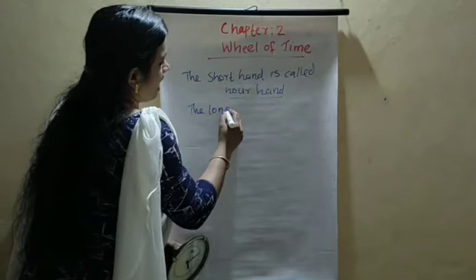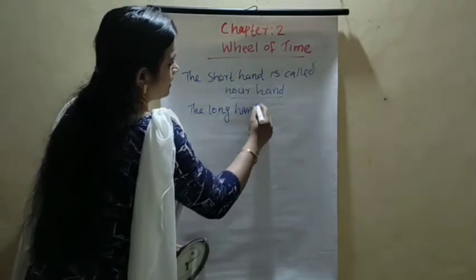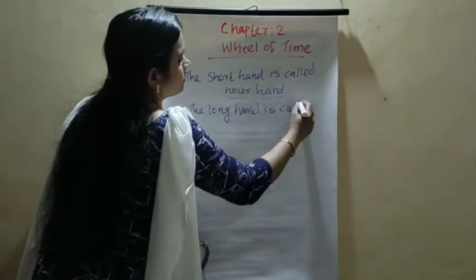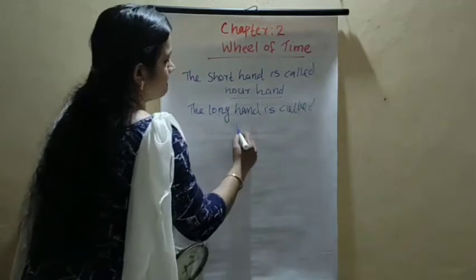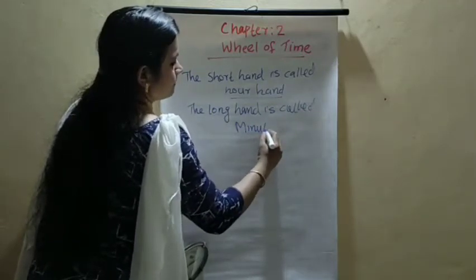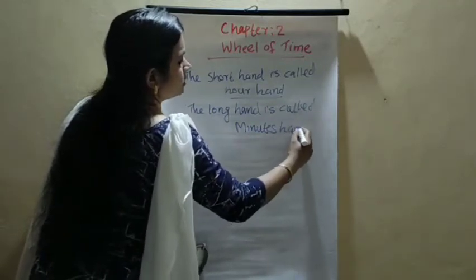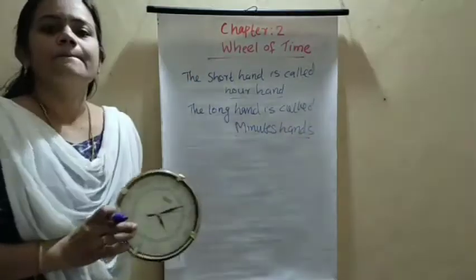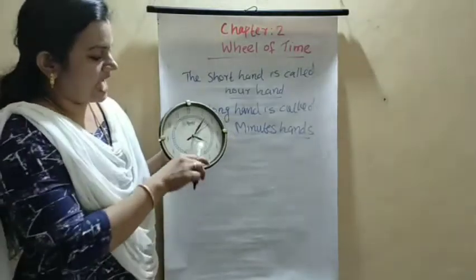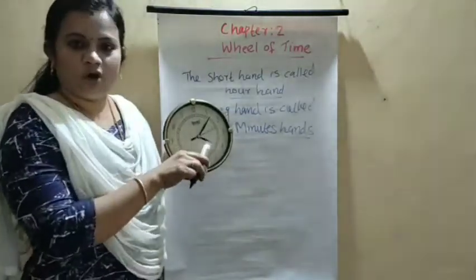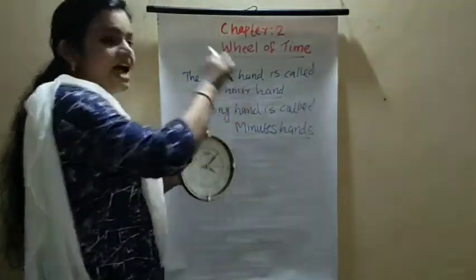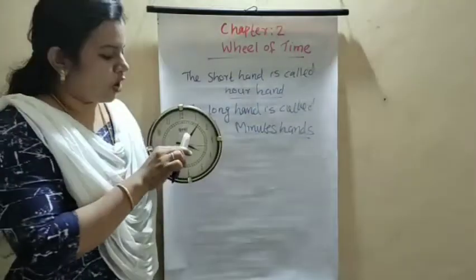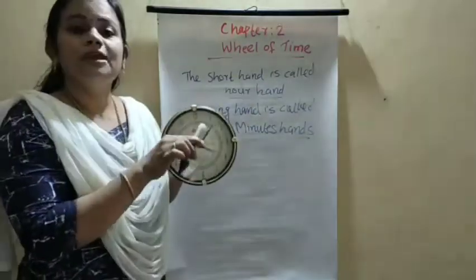The long hand is called what? Minute hand. So the clock face has 2 hands, the hour hand and the minute hand. Then we can say the small hand is called the hour hand, the long hand is called the minute hand.